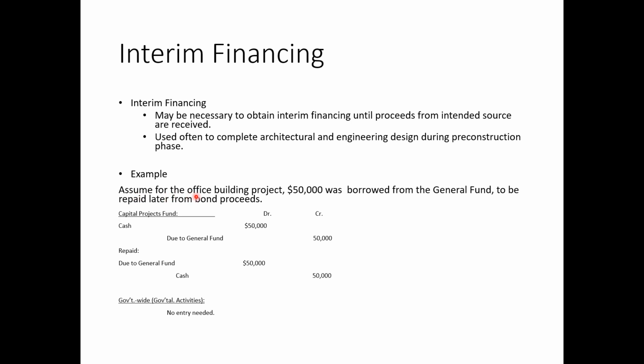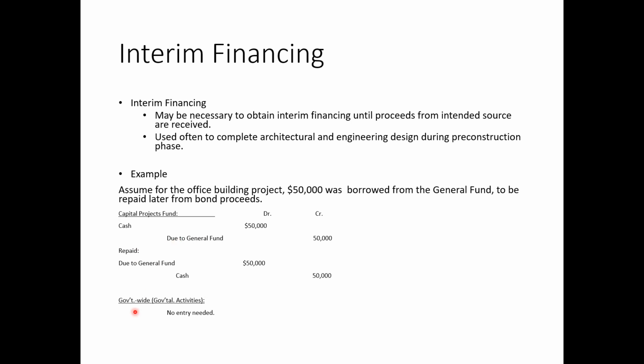Assume for the office building project, $50,000 was borrowed from the general fund to be repaid later from bond proceeds. So debit cash and credit due to general fund, we have seen this before. And when it's repaid, debit due to general fund and credit cash. Okay, that's interim financing.